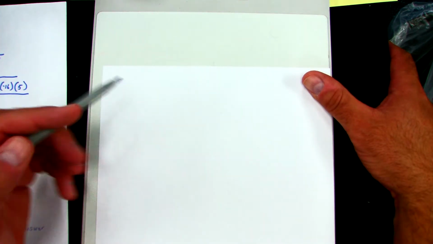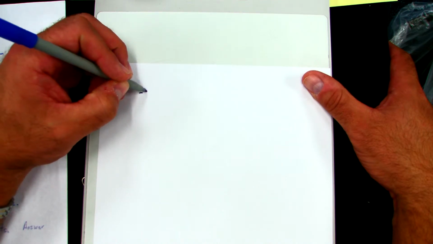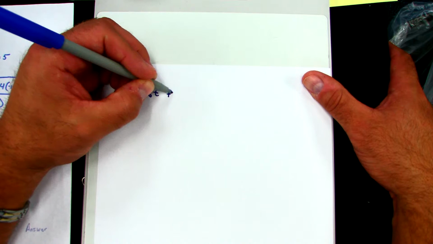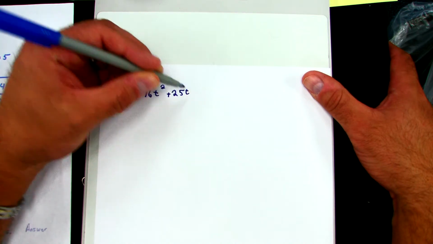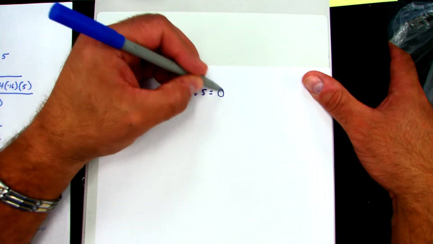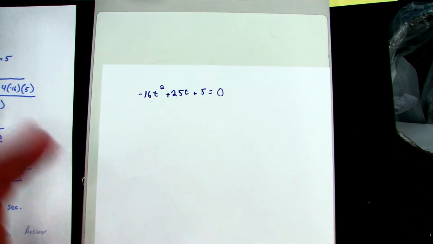The part they were supposed to add was the ground. So when it was going to the ground, what they were supposed to do was put the equation equal to 0, because the ground is the height of 0. Okay? So that was the first thing they were supposed to do.